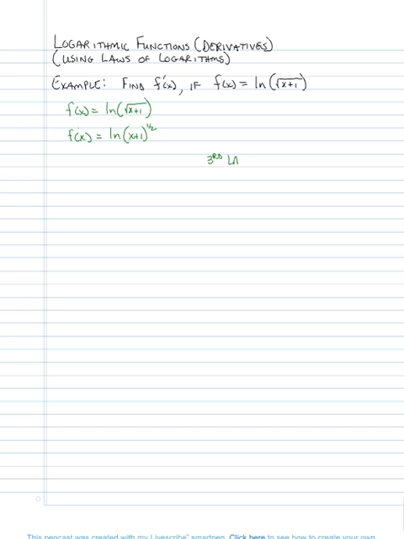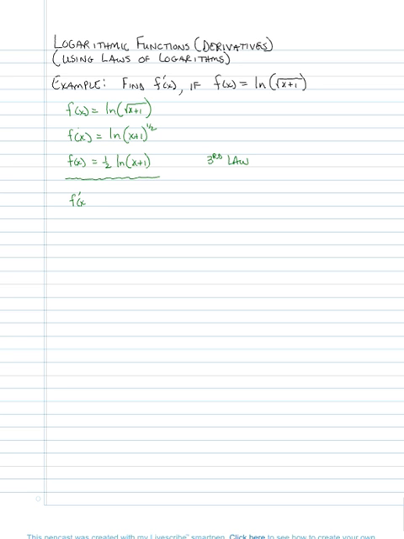The third law says that if you have an expression to a power on the inside of the logarithm, you can bring the power down in front and then just have a logarithm of the expression with just a power of 1. And so we've made our logarithm look much simpler, and so it's going to be much easier to find the derivative.